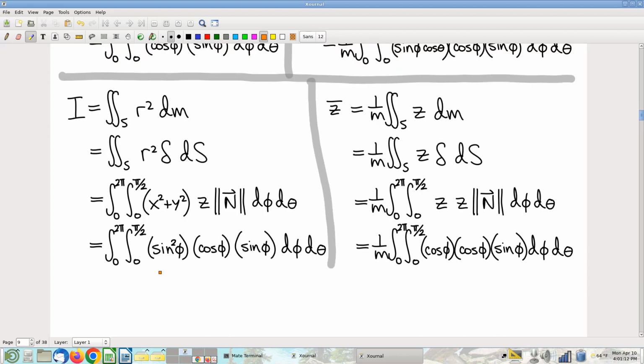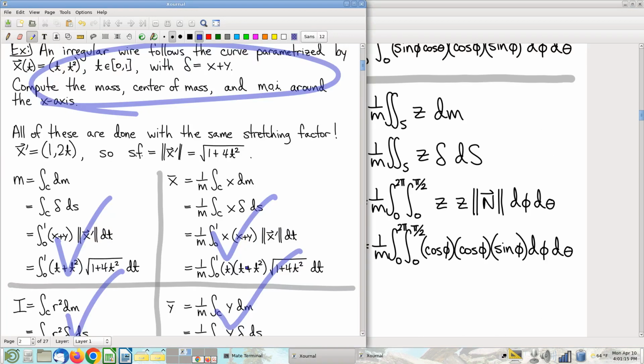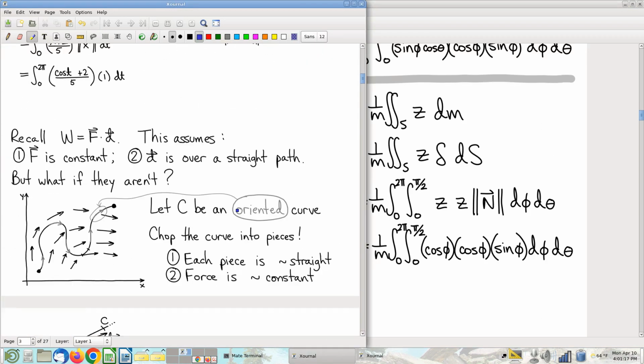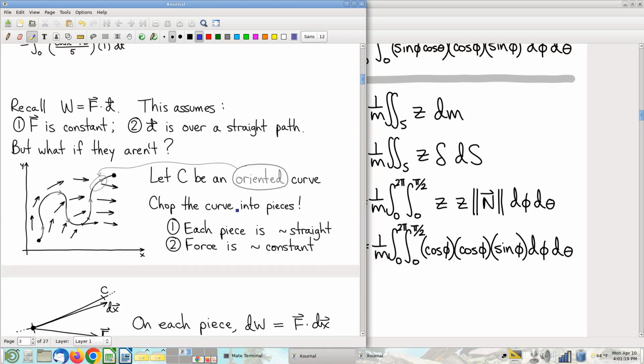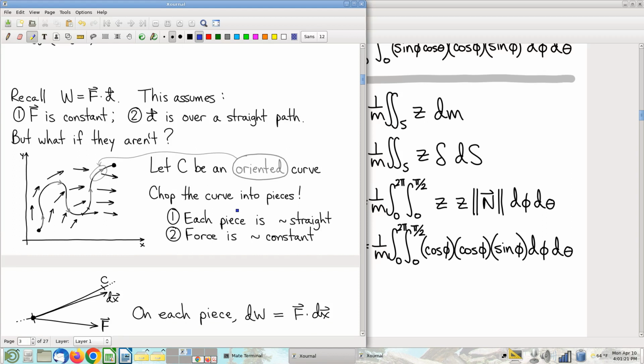Now, what did we do after examples when we were looking at line integrals? We encountered another application. We decided to think about work. Work is another quantity you can describe if you're going to walk along a curve, you can ask how much work does it take to do so. Maybe you're driving on a mountain road, whatever.